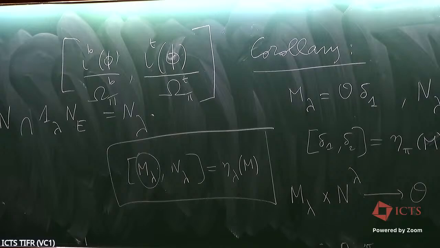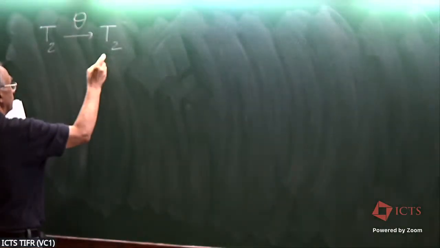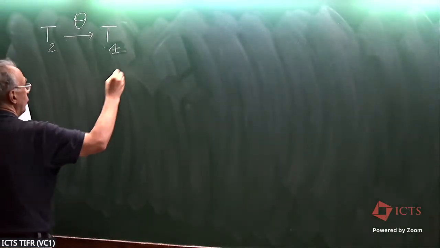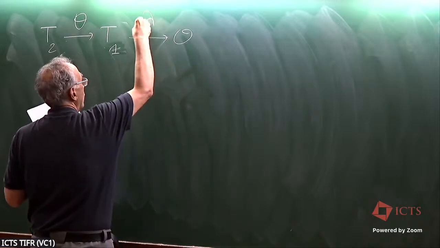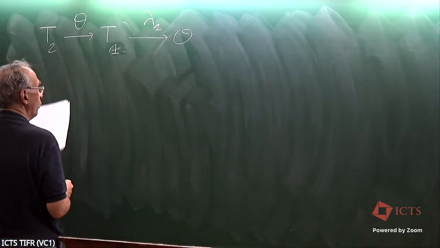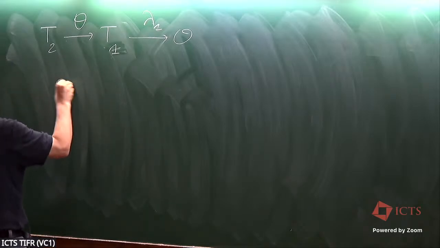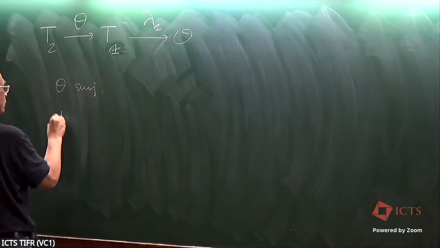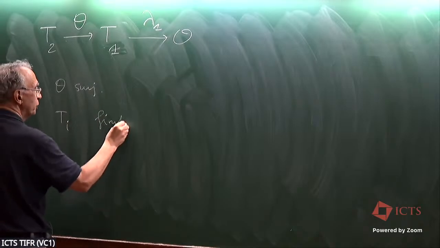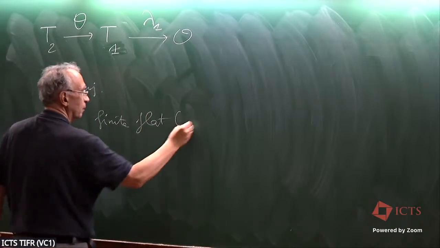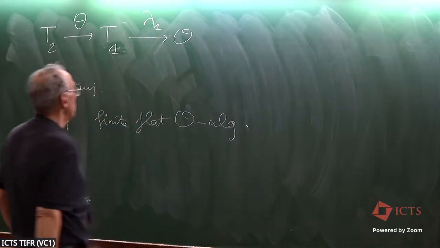So I consider the situation of two finite flat O-algebras, T1 and T2, plus one homomorphism θ of O-algebras. And I assume that θ is surjective. So these are finite flat O-algebras.